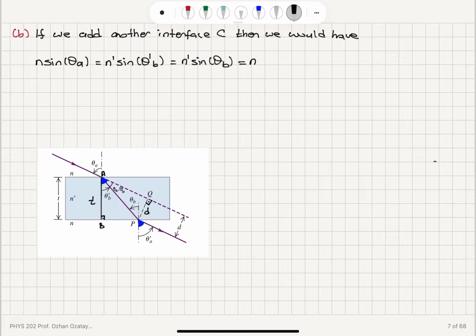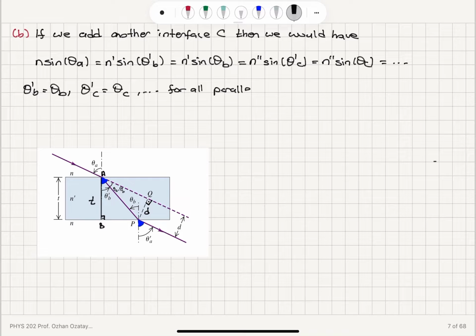This would be equal to n double prime sine theta prime C, which equals n double prime sine theta C, which is the same thing as n sine theta A. This continues if I add more interfaces: theta prime B is theta B, theta prime C is theta C, etc., for all parallel flat surfaces.